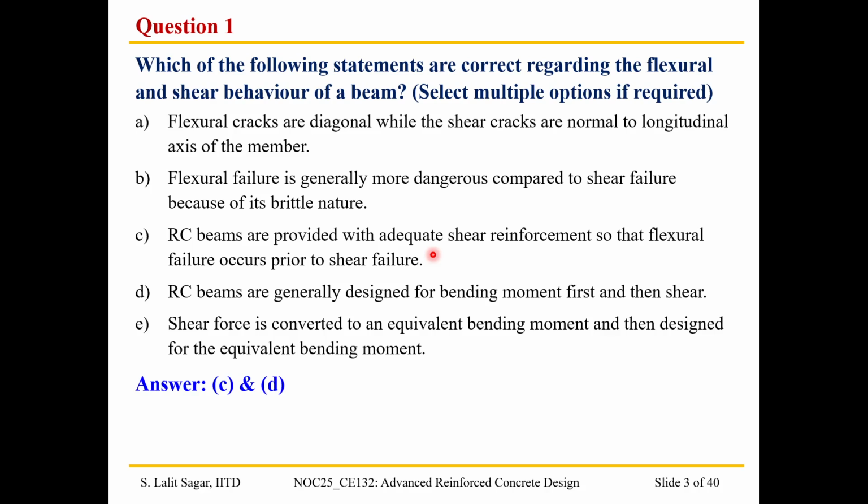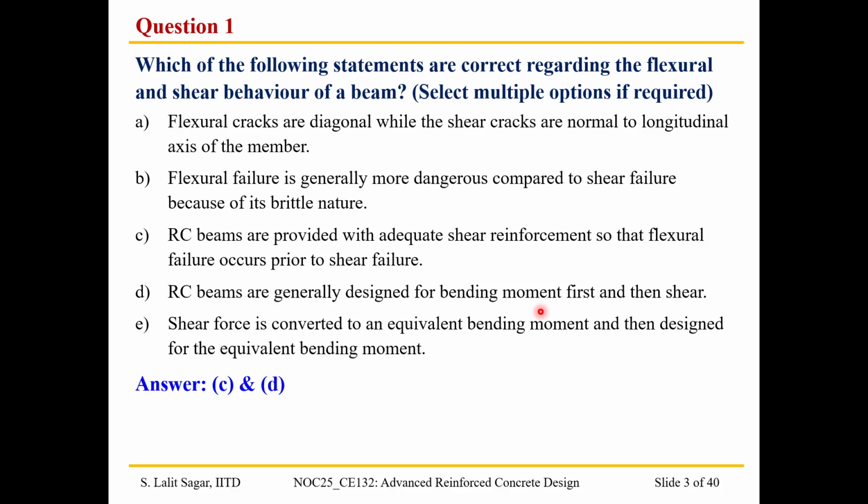So statement C is correct. And option D is also correct because reinforced concrete members are designed for bending moment first, and then depending on the area of steel that is provided, we'll be solving problems based on that later on.